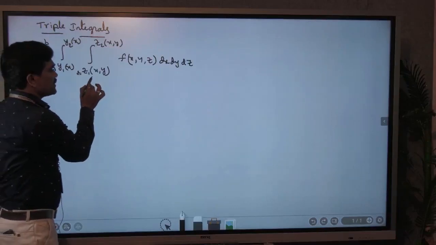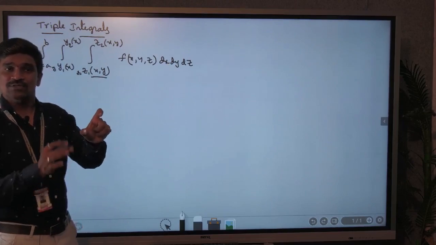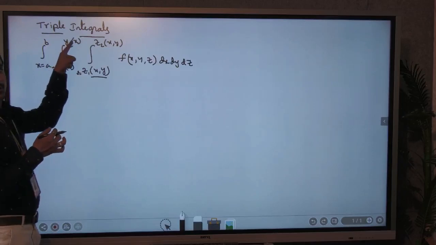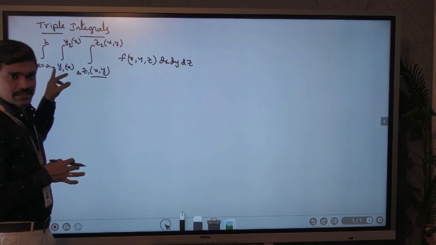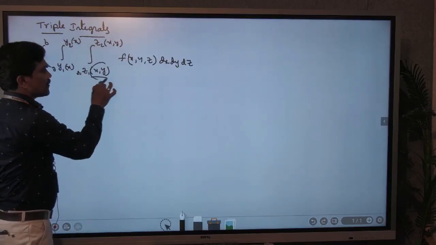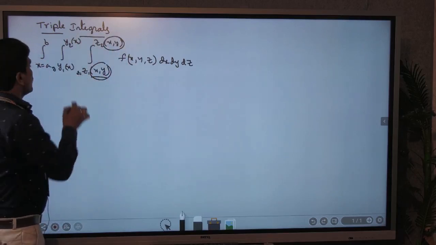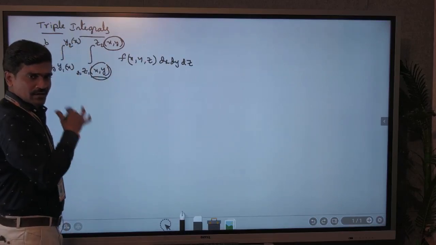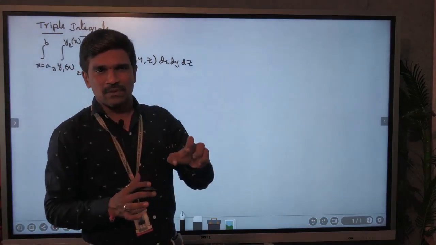Since the z limits are in x and y, we have to integrate with respect to z first, then with respect to y, and finally with respect to x. So this is the procedure for finding a triple integral.